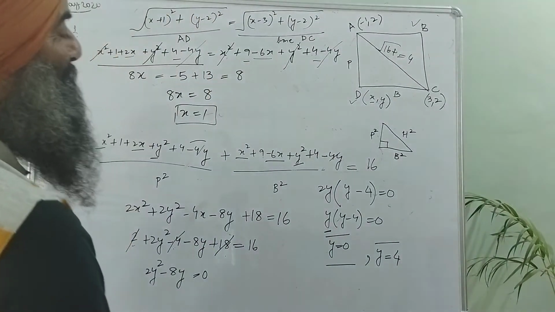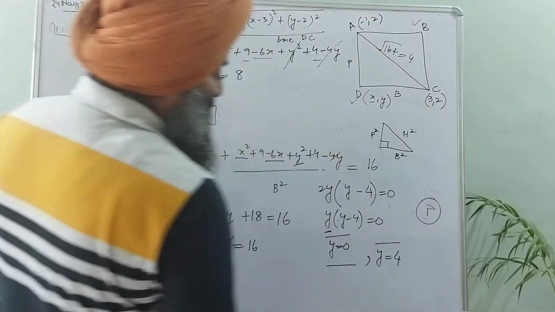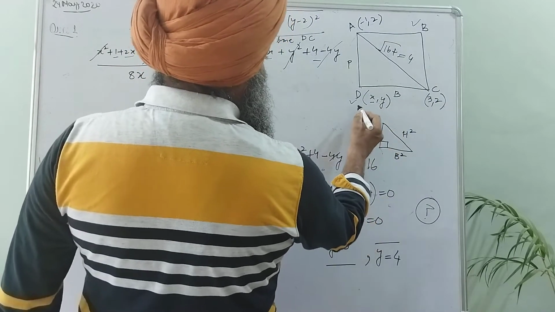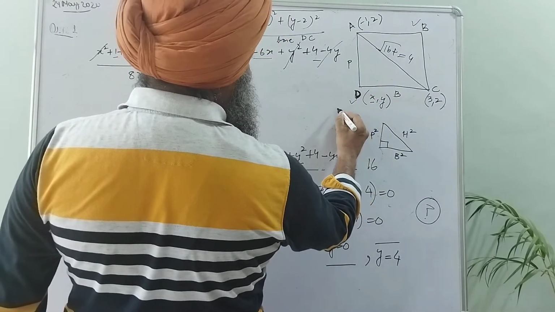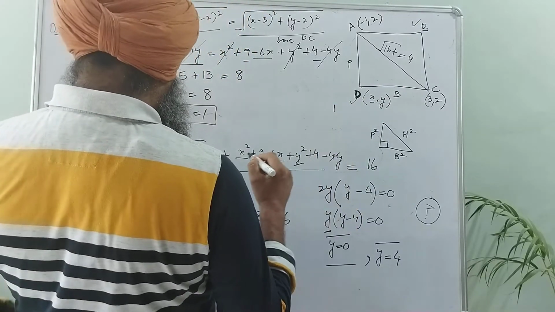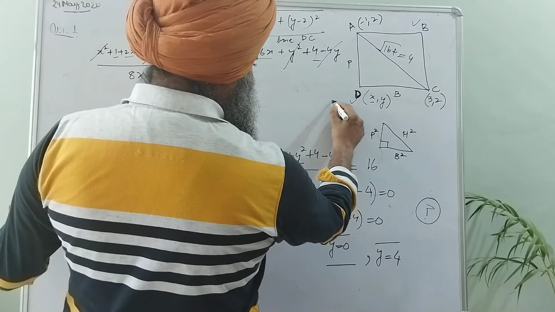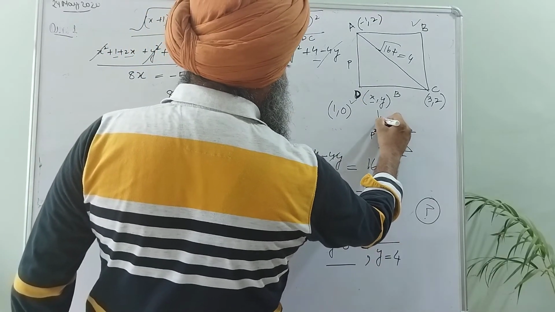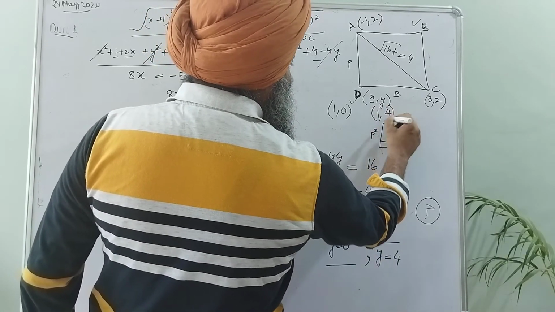So now students, you see, now you can do. So either d is x is equal to 1, y is 0, or this can be x is equal to 1 and what is the second value for y? 4.